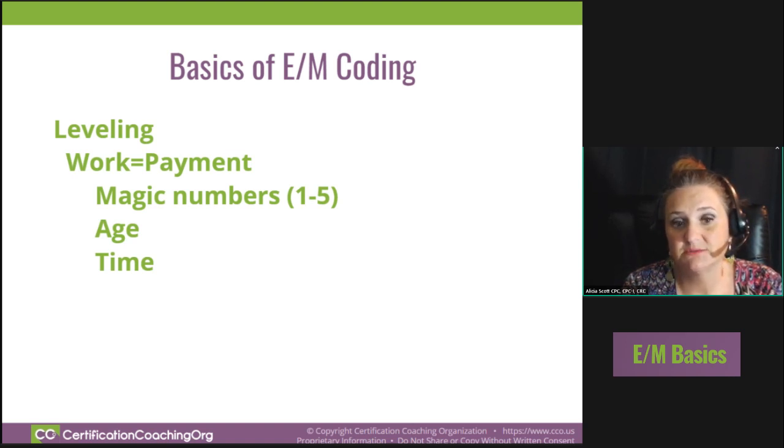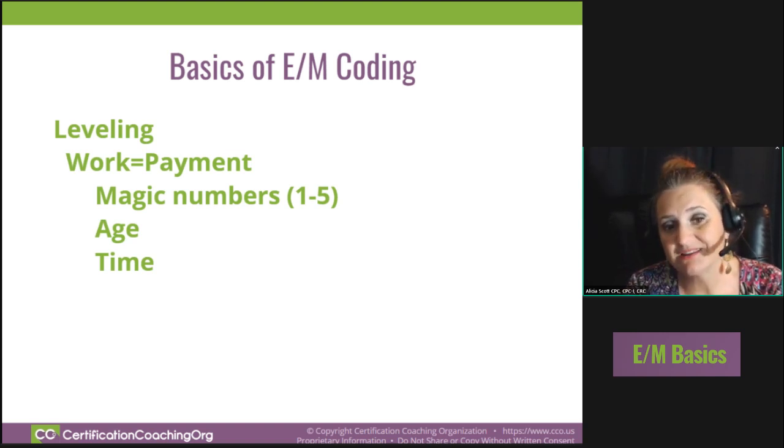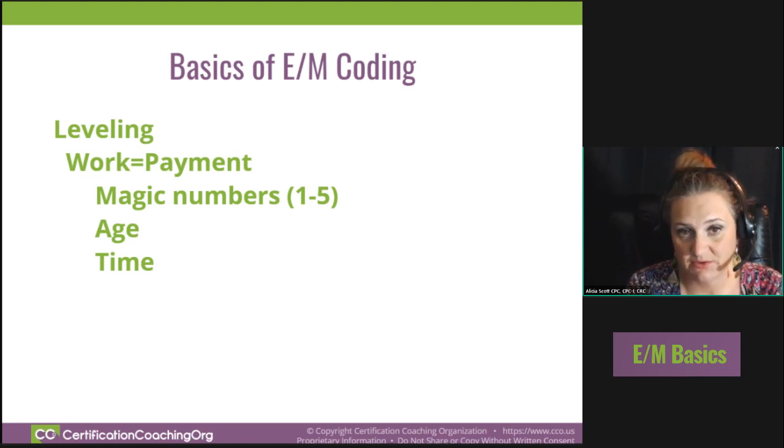So the leveling is based on how old the patient is, especially when we have newborns and things. There's other times when the leveling is not done via those magic numbers 1 through 5. However, it's based on time, how much time the provider spends with the patient for prolonged services, for example. It can be divided up into increments of 15 minutes.